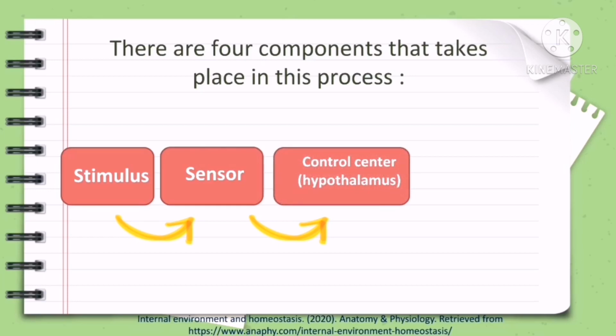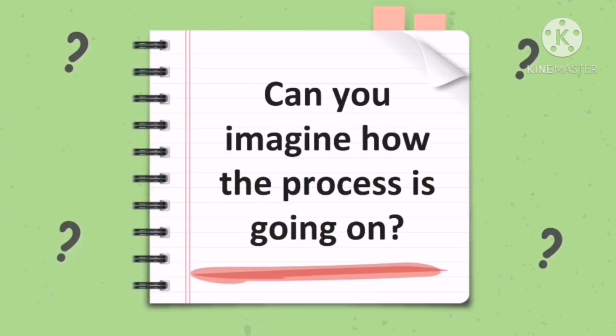There is a region in our brain that controls the thermoregulation process, that is called hypothalamus. And the last one is effector. This is how our body responds. Can you imagine how the process is going on? If not yet, don't worry. Let's discuss more about this.